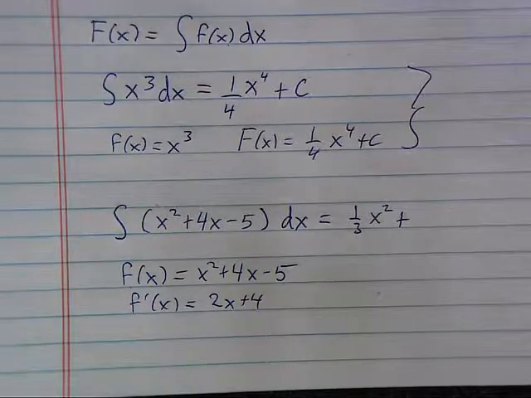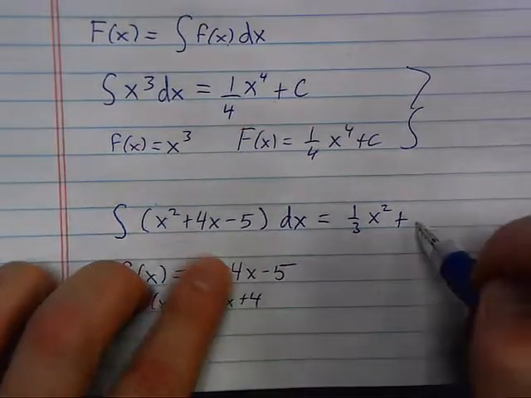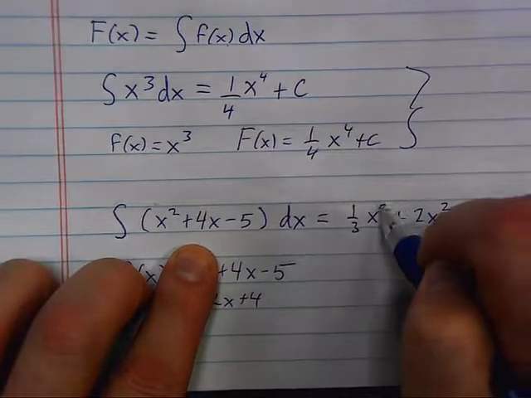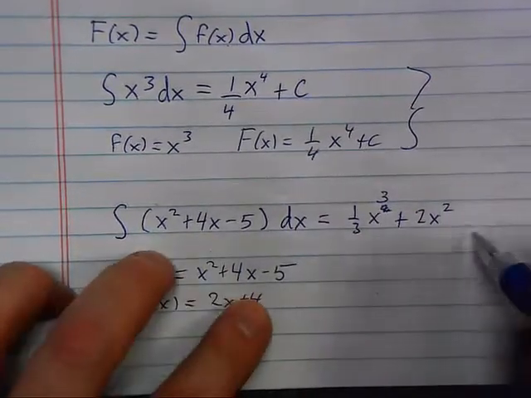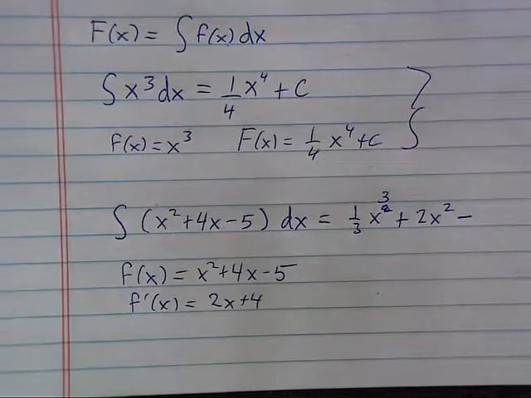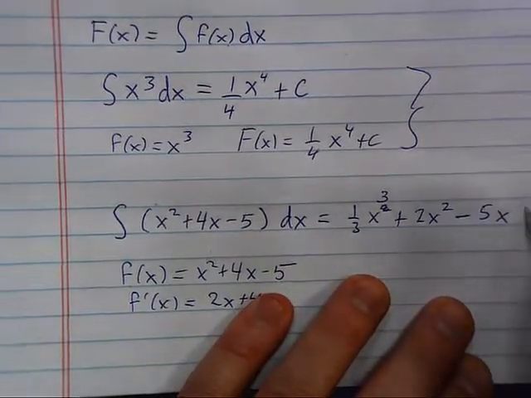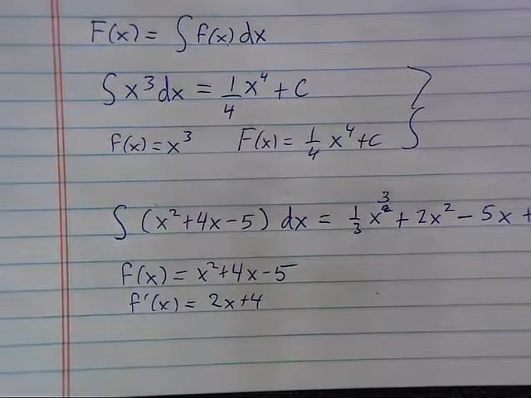You don't actually add the plus c. We'll put plus c at the end. So the antiderivative of 4x is 2x squared, minus, what's the antiderivative of 5? 5x. And then plus c goes on the end.